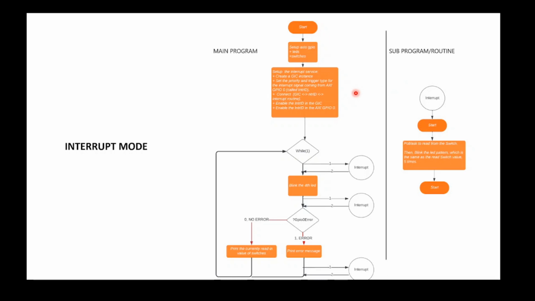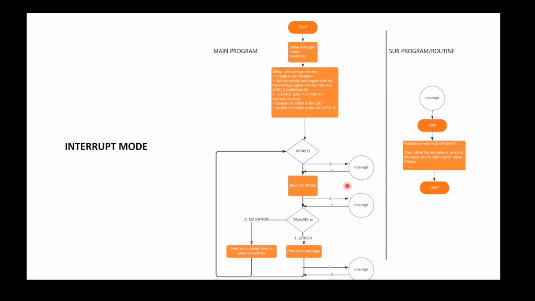Now, what is the difference between the poll mode and the interrupt mode? In the poll mode, we blink the LED pattern according to the read-in switch 5 times inside our main program.